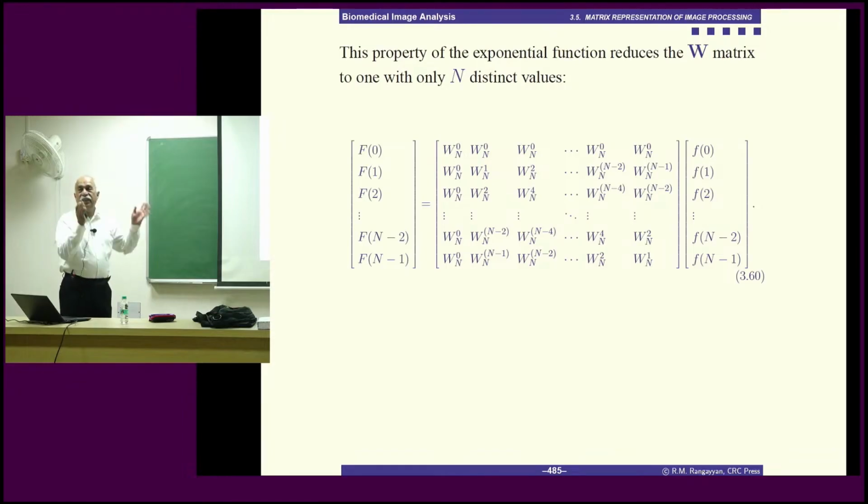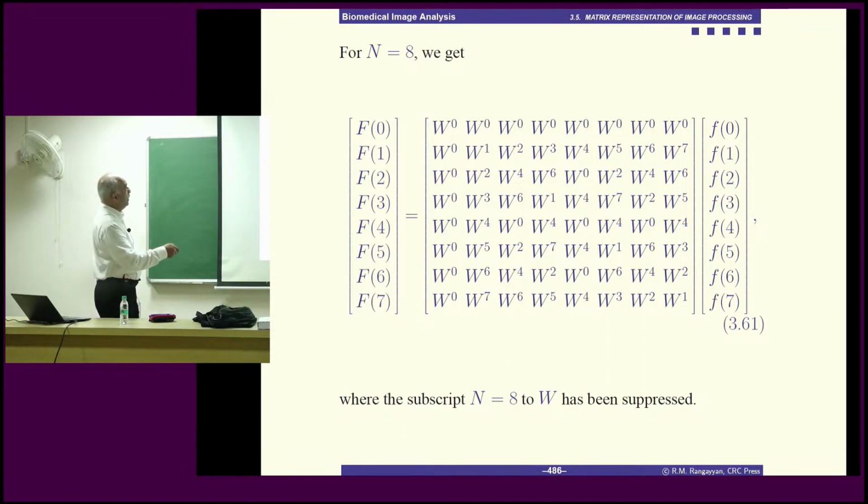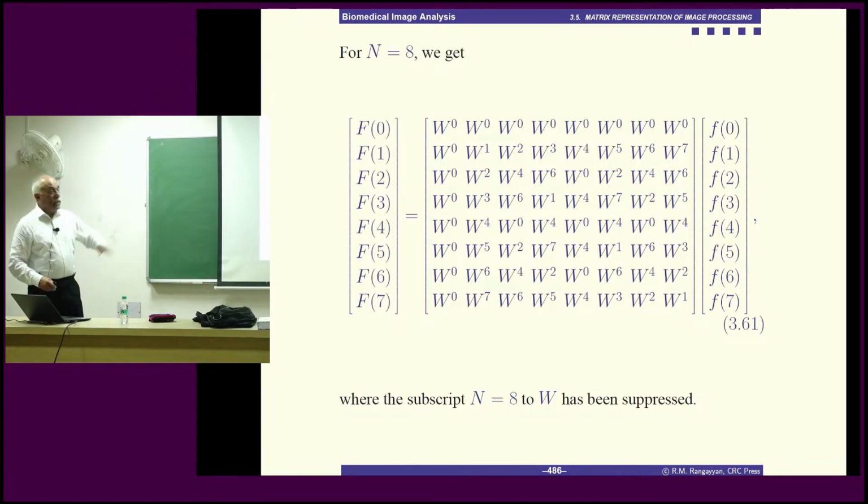Now we don't have 64 or n by n values, we only have n values. Specifically for n equal to 8, 0 to 7, this is the DFT, 0 to 7, that's the input. And here you have the W function, the sub 8 has been removed. And it's only to the power of 0, 1 through 7. So that's the DFT matrix.